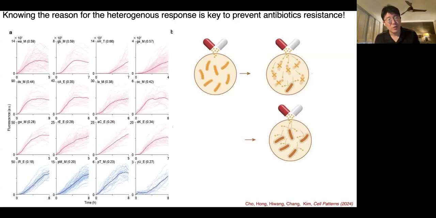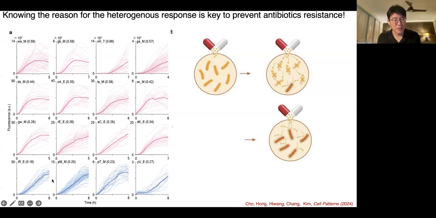So we wanted to know what is the key to these heterogeneous responses among the bacteria to the same antibiotic. I grouped the genes into two colors. So in the pink, red color group, you can see that their response heterogeneity is quite high.